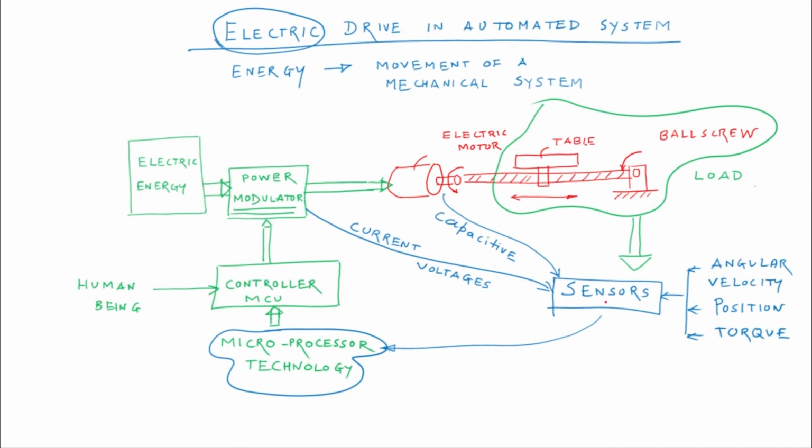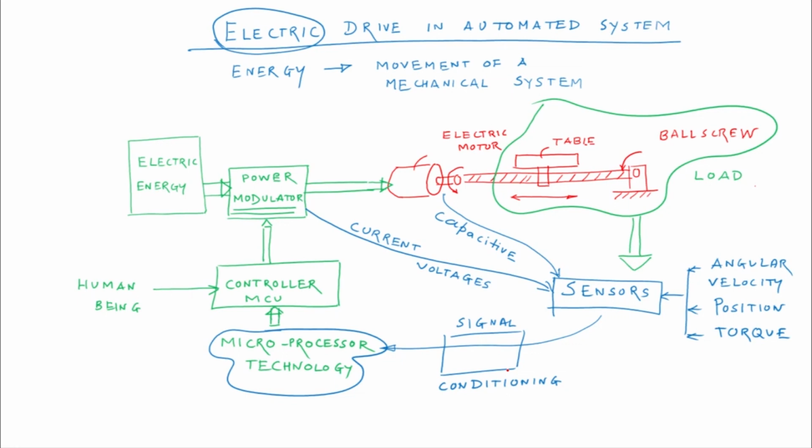So these sensors are providing the input to the microprocessors through the signal conditioning devices. We have seen in our previous lectures that sensors are providing the passive signals, and we need to convert the passive signals into the active signals which can be understood by the microprocessor technology.